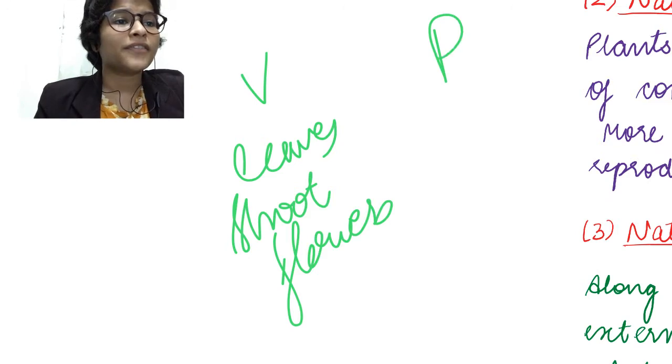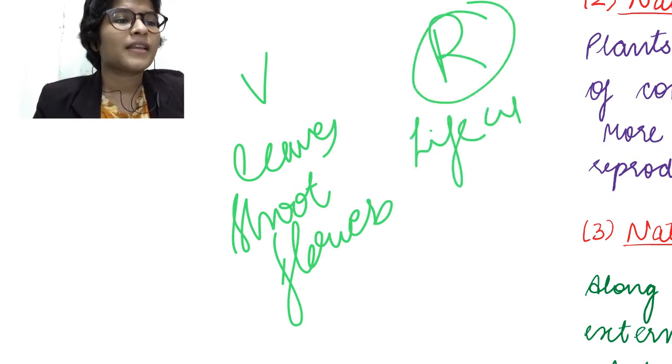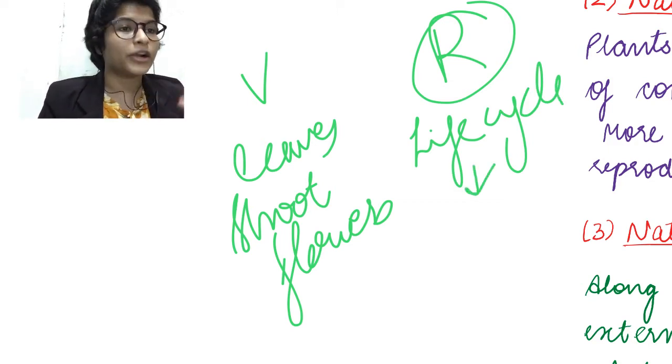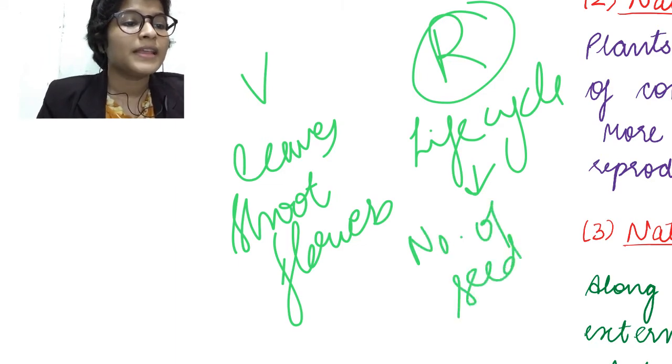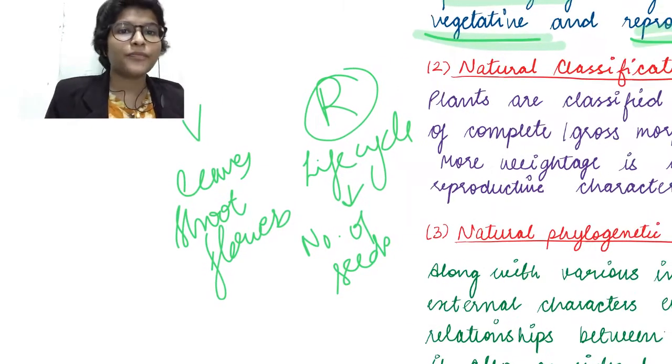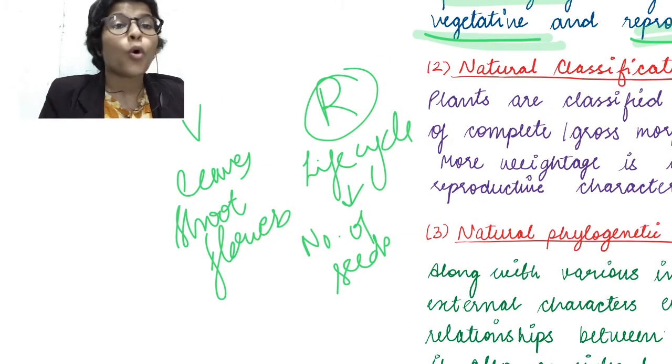And the reproductive characters include its life cycle, the characteristics of its reproductive cycle, that is division, number of seeds, etc. The number of pistils or stamens on a flower, all these are included in the reproductive characters.